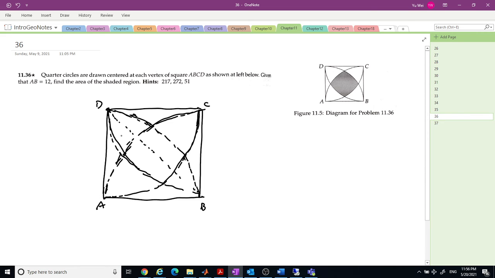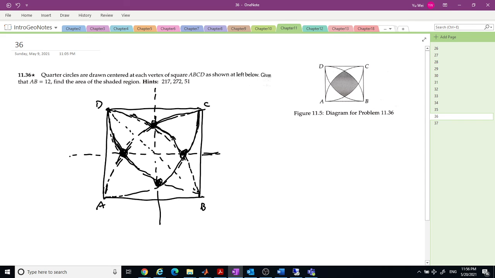So per symmetry, what you can see is this point is on the perpendicular bisector of CD and AB. This point and this point are on the perpendicular bisector of AD and BC.